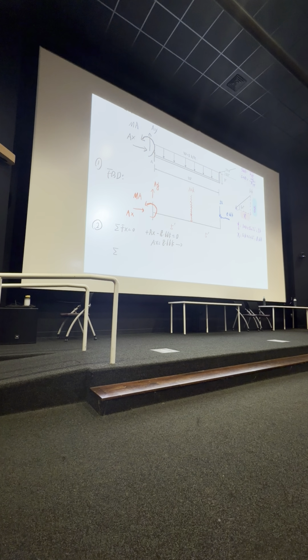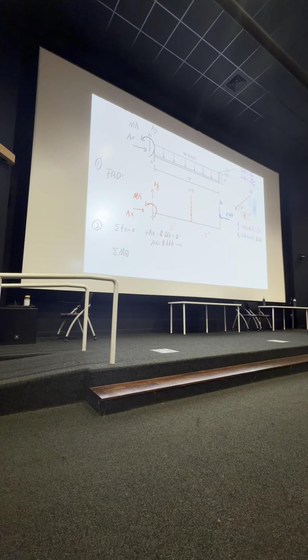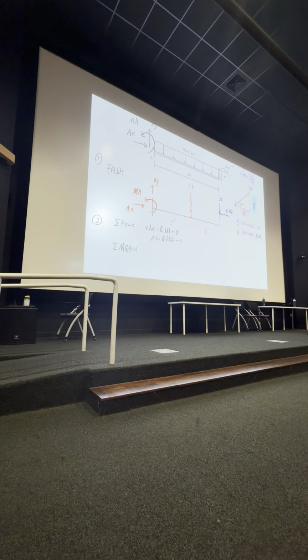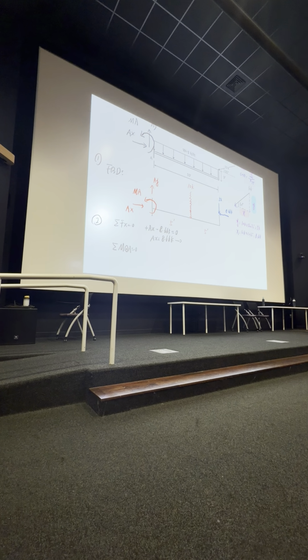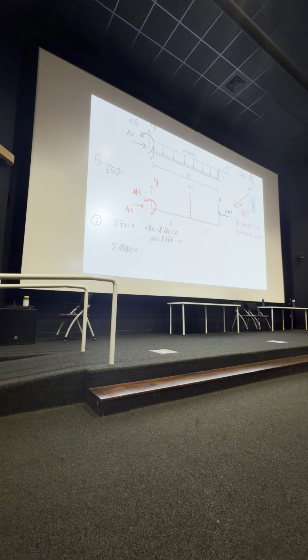And the second equation, sigma M at A equal to 0. It means that the sum of all of the moments at A equal to 0. So what do we have here at point A? Because we already have a rotational support reaction MA, we need to consider that in our equation.